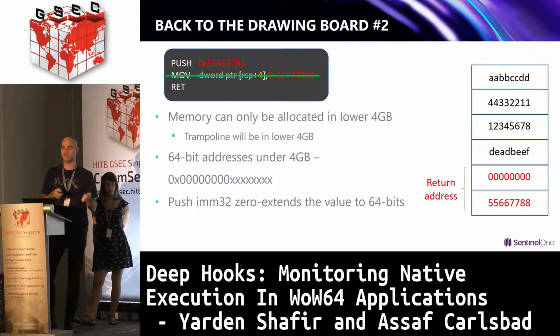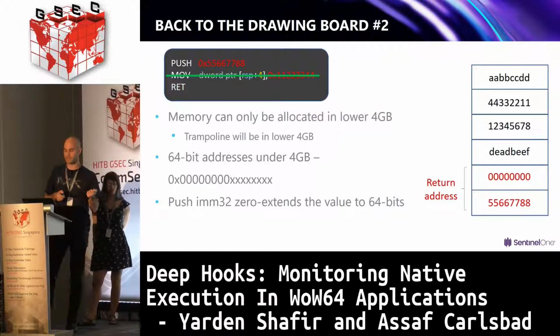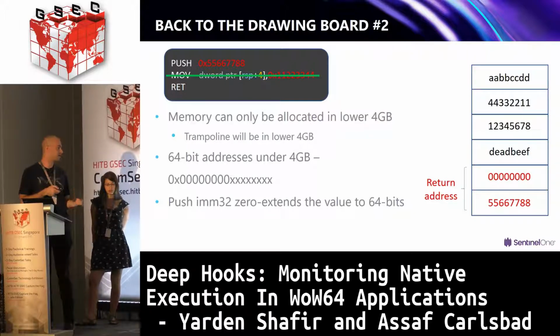So let's understand why this is possible. Like we have said several times during the course of this talk, in WoW64 processes, we normally can't allocate memory above the 4 GB boundary because the address space there is simply reserved. Now, because the trampoline is itself a private memory allocation, it will always be allocated below that line. And that means that if we take, for example, an address of a trampoline, we can split it into 2 distinct D-words, where the low-order D-word will hold some arbitrary value, and the high-order D-word will always be zeroed out.